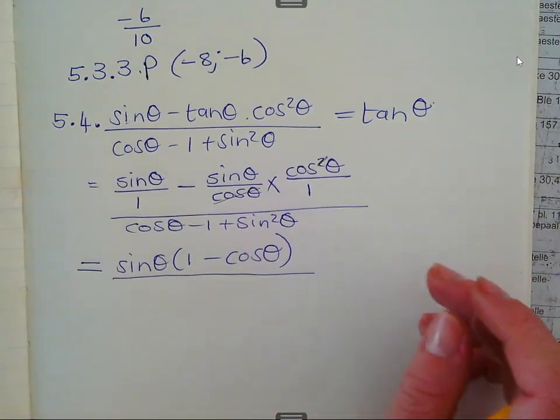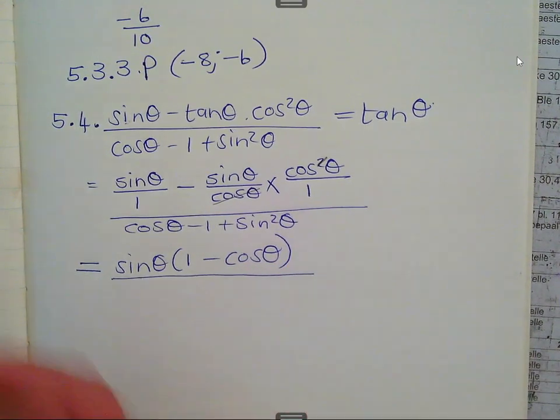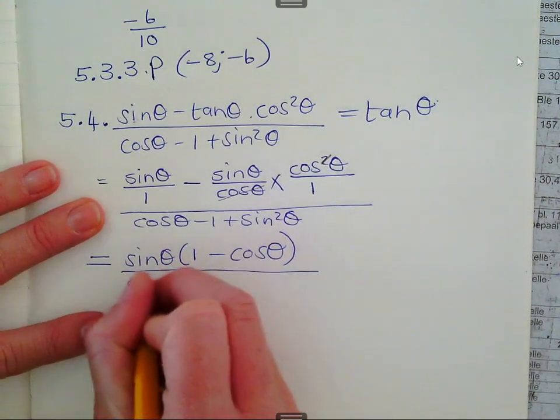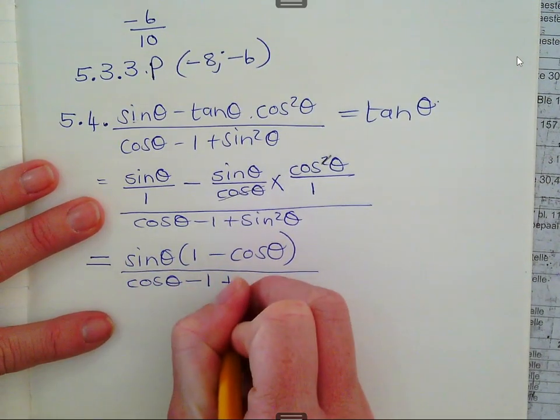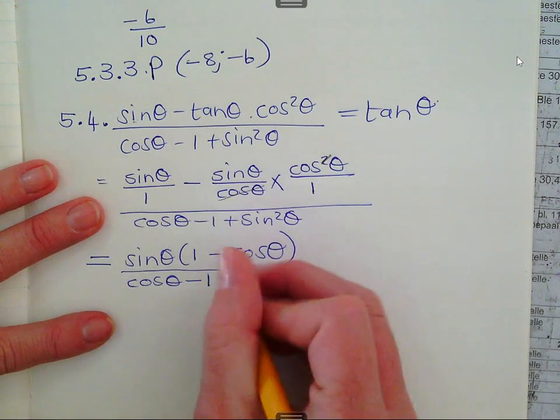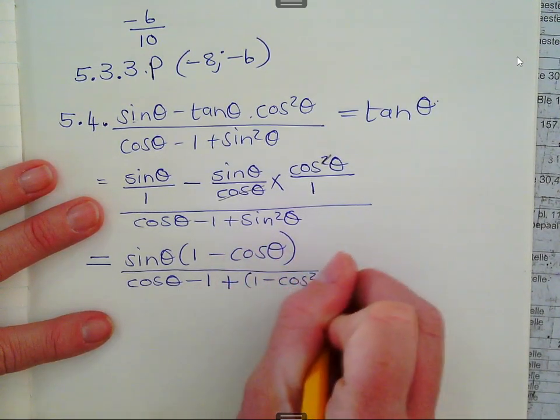Now I just need to try to make the bottom one term. Now look at what I'm going to do. I'm going to say cos theta minus 1 plus, but instead of sin squared theta, I'm going to say 1 minus cos squared theta.